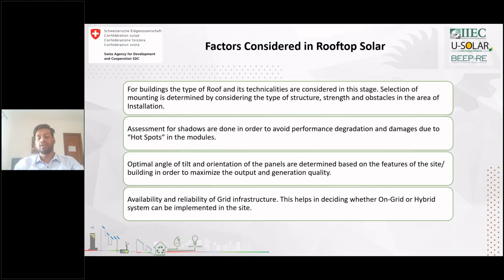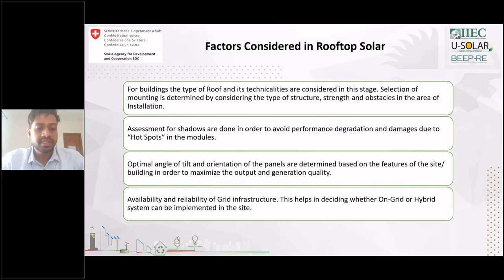For example, if you are in Bangalore, the latitude of Bangalore is 12.42 degrees, so the tilt angle for your solar panel installation will be 12 degrees. As you move towards the north, your tilt angle will increase, and that's how you determine the optimum tilt angle for your solar system. So then how do you decide?